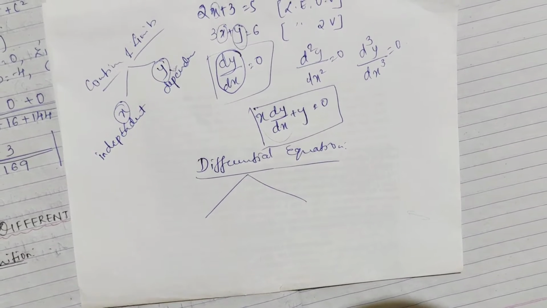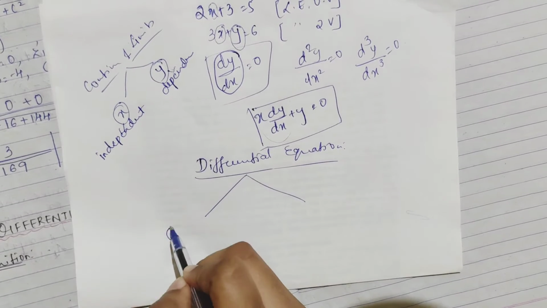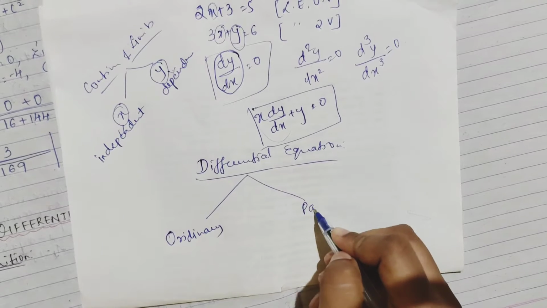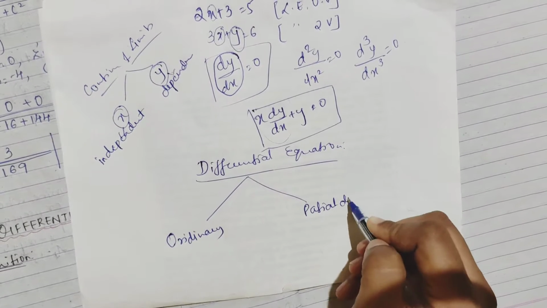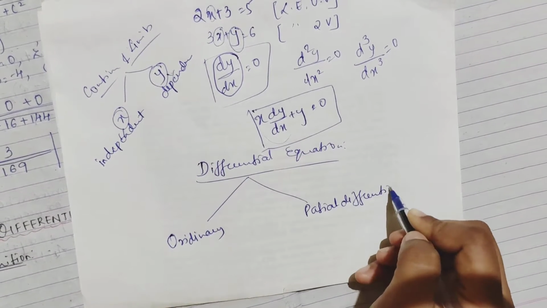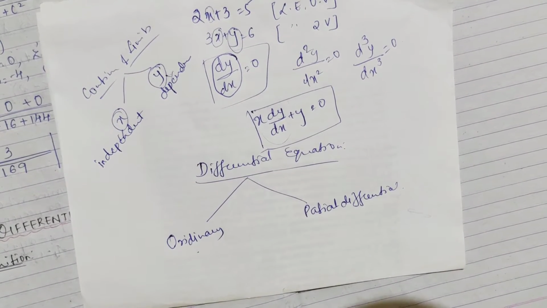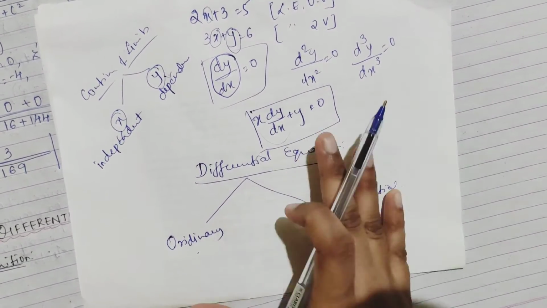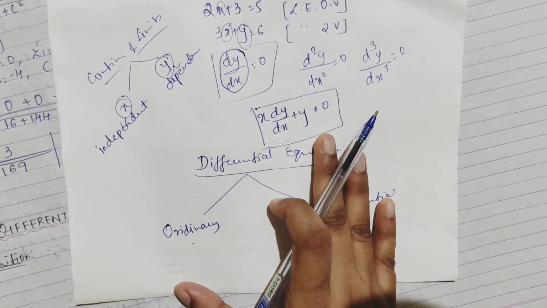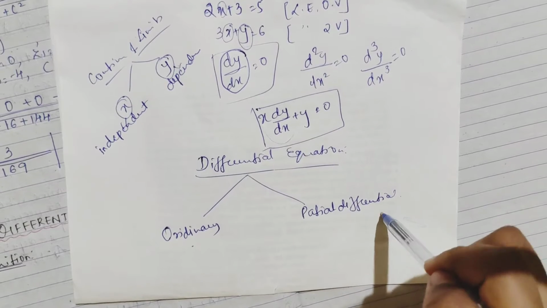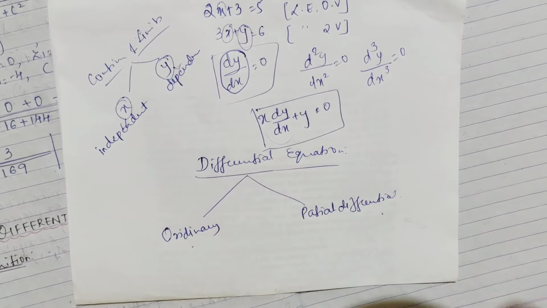There are two types of differential equation. One we call ordinary differential equation and one is partial differential equation. Ordinary differential equation involves only one independent variable. Partial differential equation involves more than one independent variable.